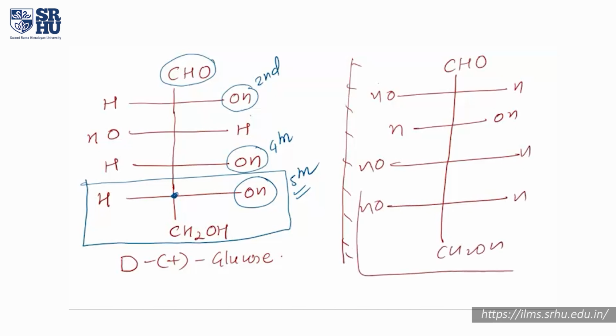As you see, the penultimate carbon has to be taken into account, and its OH lies on the left hand side. Hence this one belongs to the capital L series, and you remember that L-glucose is levorotatory. So this is how we do the DL configuration of the carbohydrate glucose.